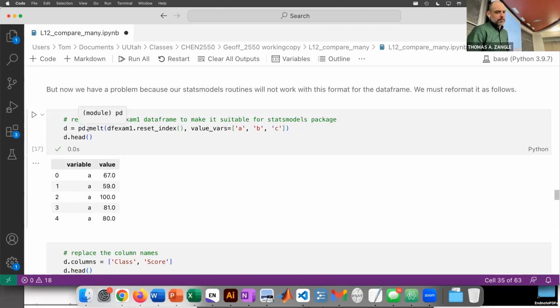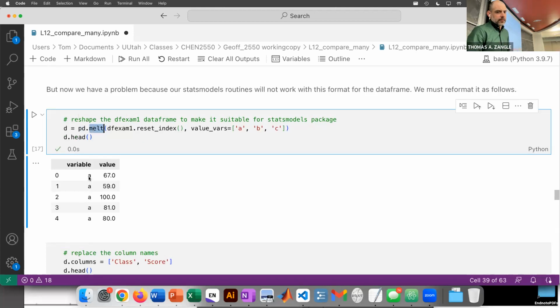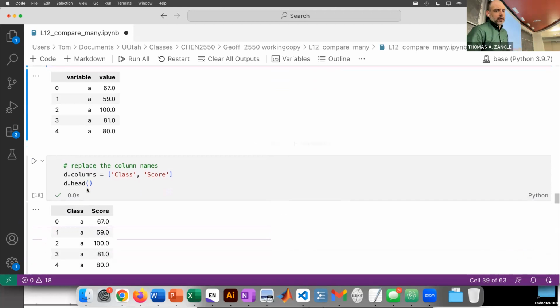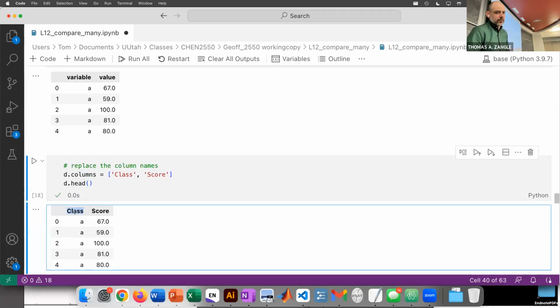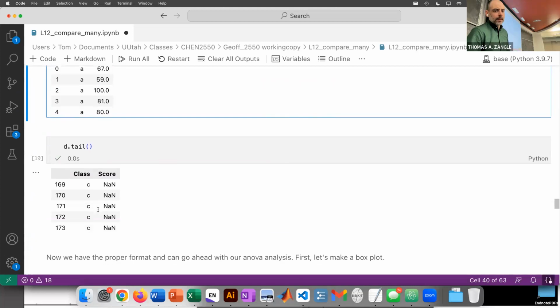So this melt function can allow us to melt this data together in that way. And then we're going to replace the column names for class, A, B, or C, and score of individual students within that class.